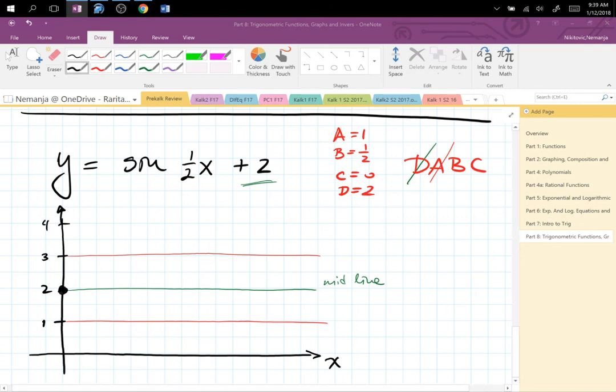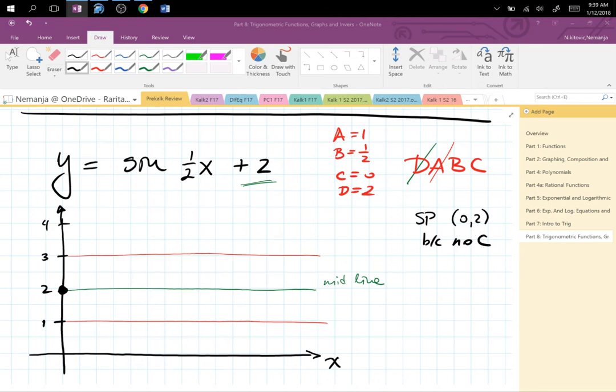So the start point SP is at 0, 2, because no C, no shift left or right. So it has to start where every sine graph starts, which is at the origin. Now remember, your origin is moved to the green height.